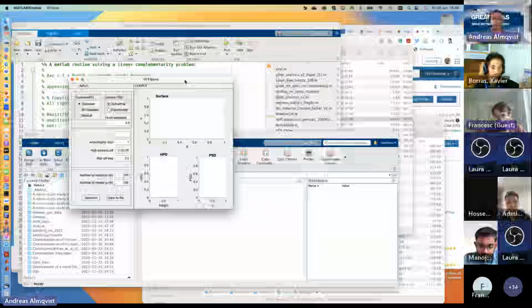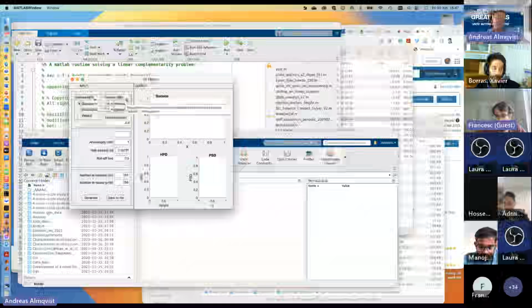So you have things that you of course immediately recognize. You have a Gaussian switch button, a bi-Gaussian and a variable switch button for the height probability density, and for the PSD you can select either a self-affine or an exponential one.